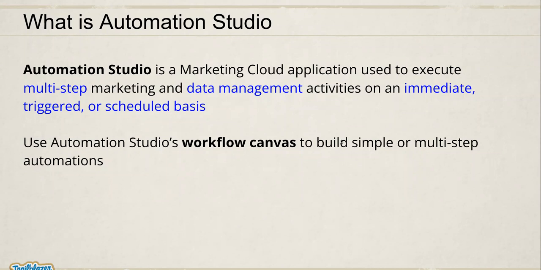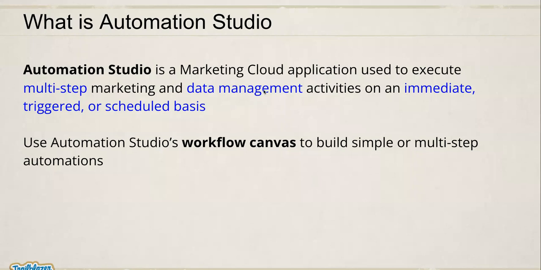It could be an automation that has a series of steps, and each of these steps could be used to either carry out a marketing activity like sending an email or SMS, or, the majority of times, data management, like extracting data from a data extension, importing it from an external platform to Marketing Cloud, exporting from Marketing Cloud to another platform, or some sort of data processing using SQL queries and so on.